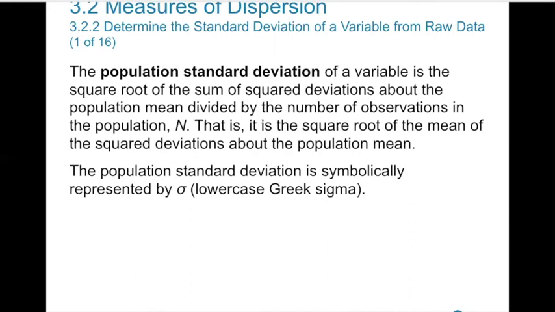So standard deviation helps us know how spread out my data is from the mean. And if we want to represent the population standard deviation, it's going to be represented by a lowercase sigma. And if you calculate these values in your calculator, it's represented as sigma with an X beside it. So that's the one that you would be looking at if you use your calculator to find that value.